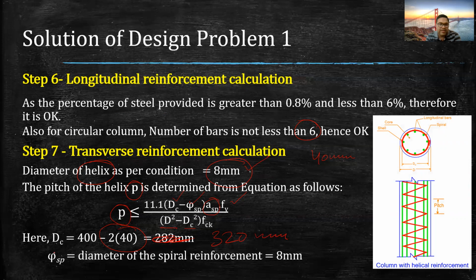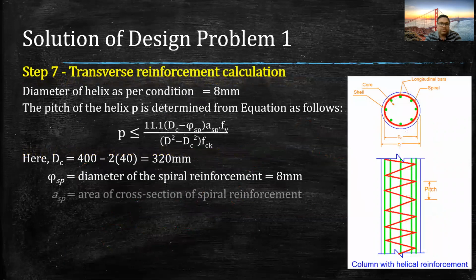And phi SP, as I said, is the dia of spiral, 8 mm. Now we will find out the ASP also. ASP is the area of cross section of spiral bar, which is pi d square by 4, and the area of cross section of spiral bar will be 50.24 mm square.